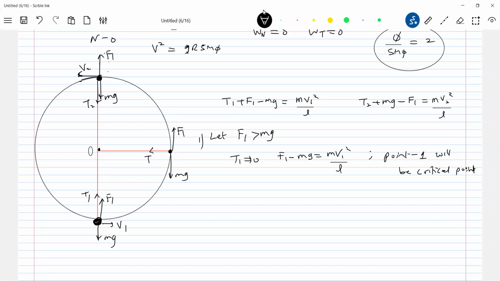So don't say that at the highest point it should have root GL to complete the vertical circle. That is not correct. What you should say is that at the critical point it should have the critical velocity to complete circular motion. And where is the critical point? In the normal problem, in the first introduction I made, the critical point was at the highest point. Here, the critical point is at the lowest point.